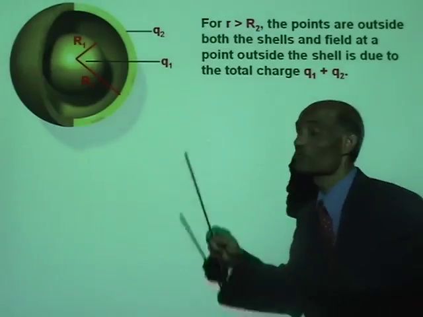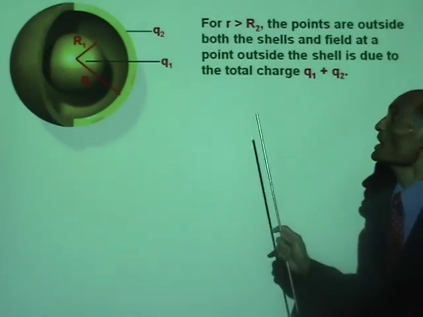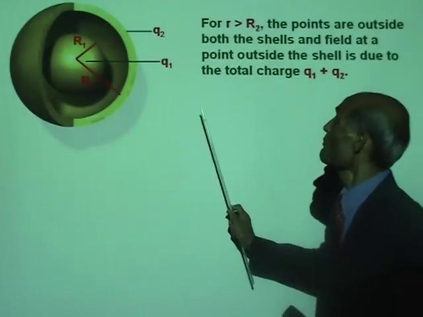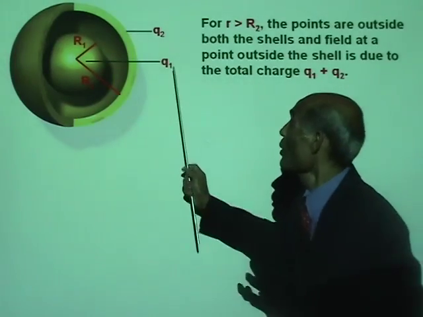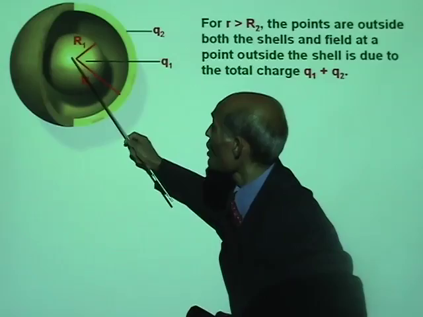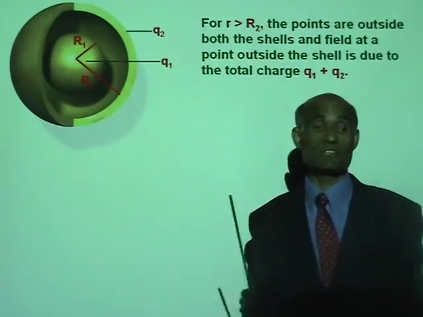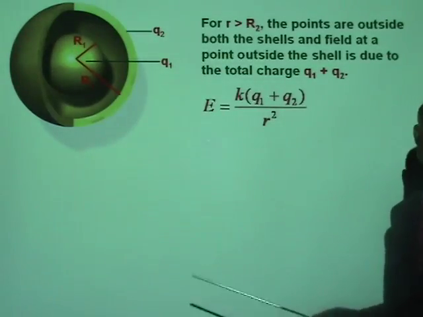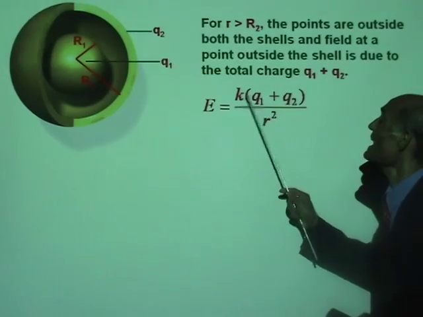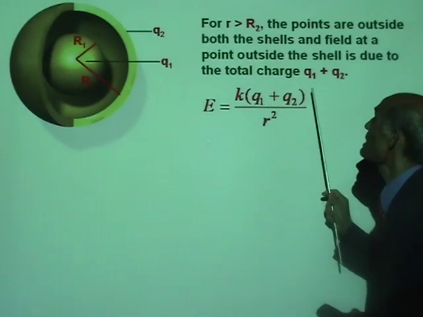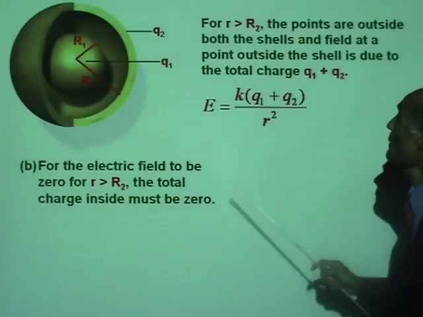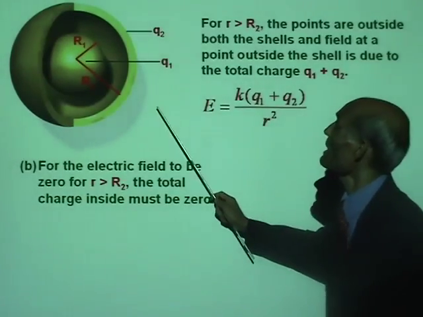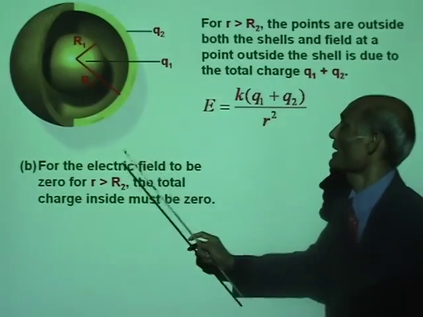Both Q1 and Q2 contribute, and we must now assume that the field at a point somewhere here behaves as though all these charges are concentrated at the center there. So what will be the electric field? E equal to K times Q1 plus Q2 over R squared. That is the electric field at a point anywhere outside.